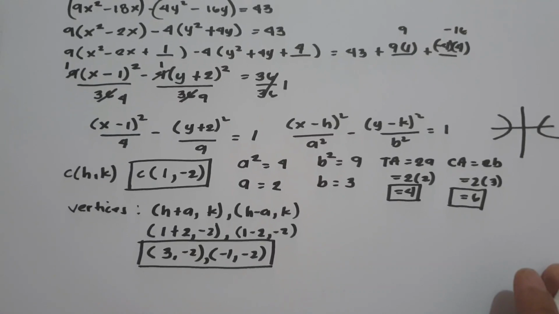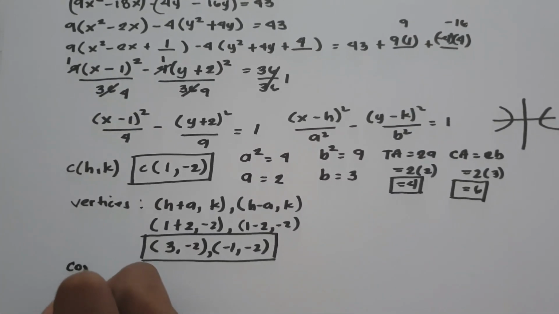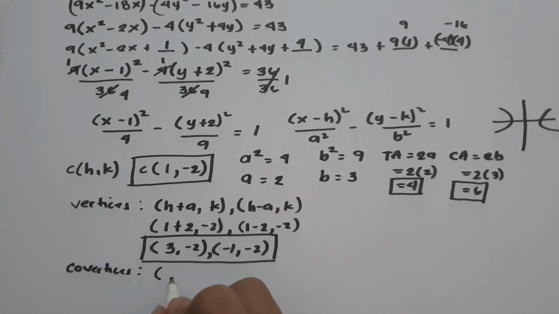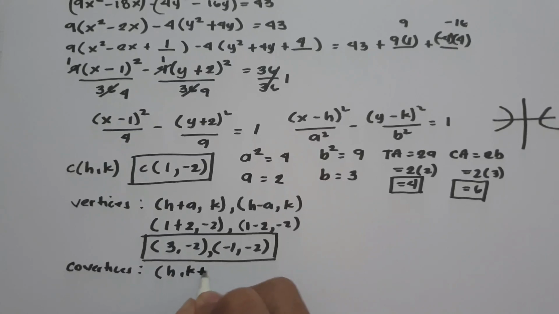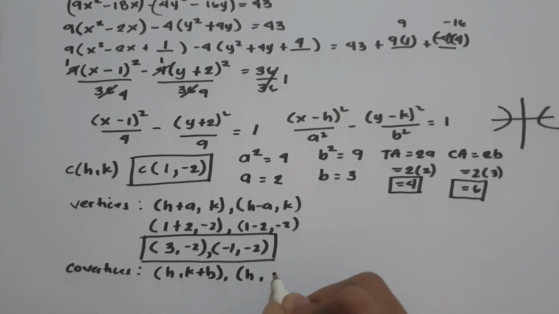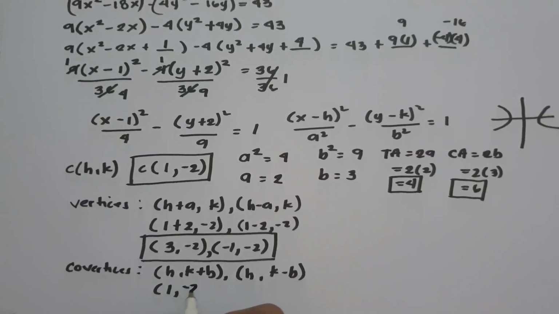And then, to find the coordinates of our co-vertices, let us have h and k plus b, and then h and k minus b. Let us have h, that is 1, and k is negative 2, plus b, that is 3.